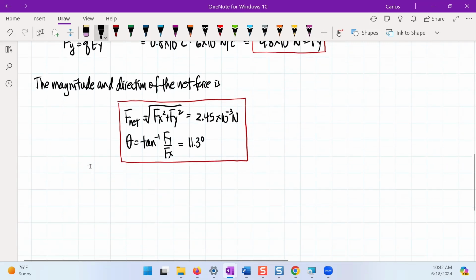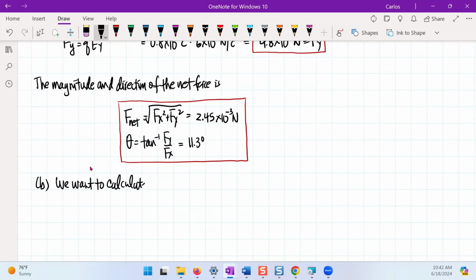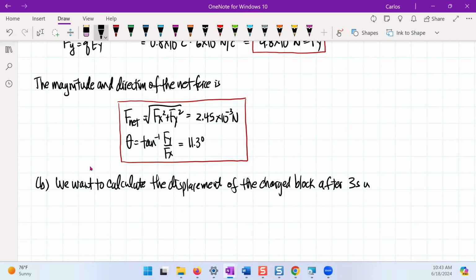So now if I go to B here, it says we want to calculate the displacement of the charged block after 3 seconds, starting from rest.